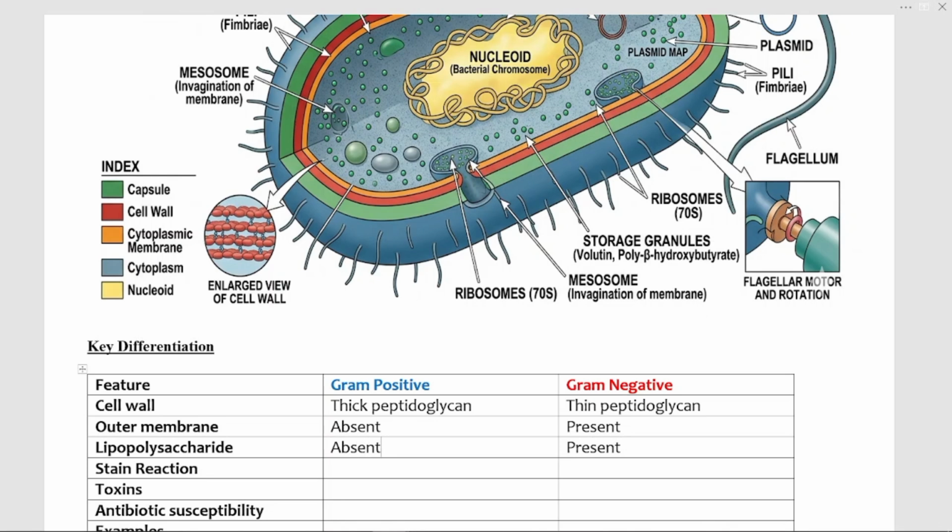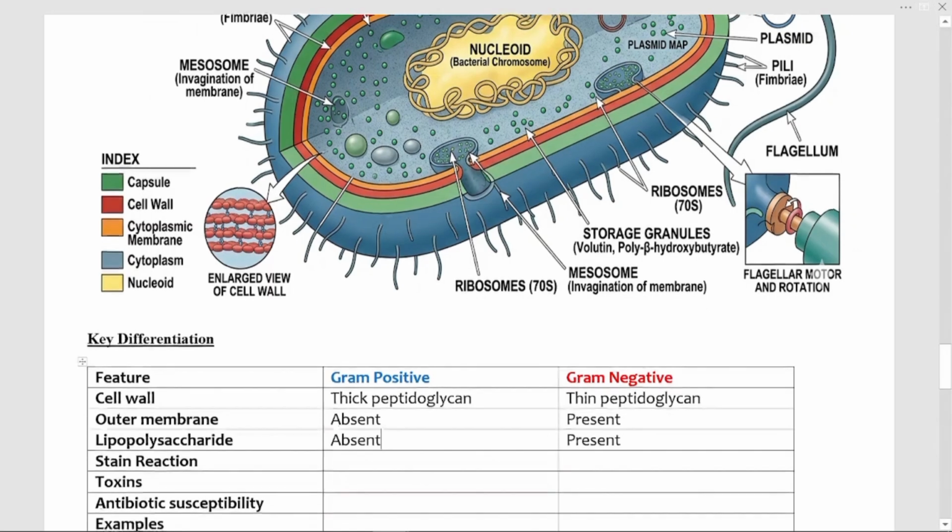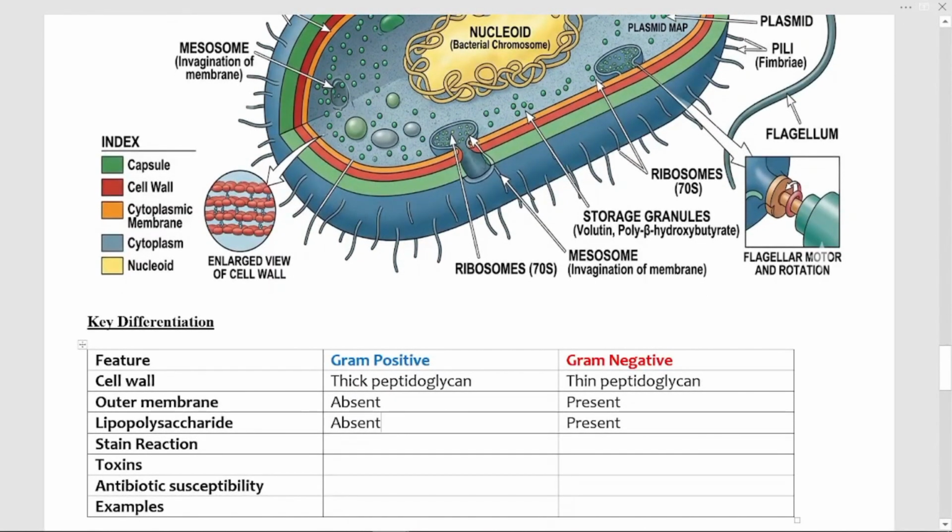I hope we are together till there. One thing you have to understand is that lipopolysaccharide constitutes one of the major toxins called the endotoxins.